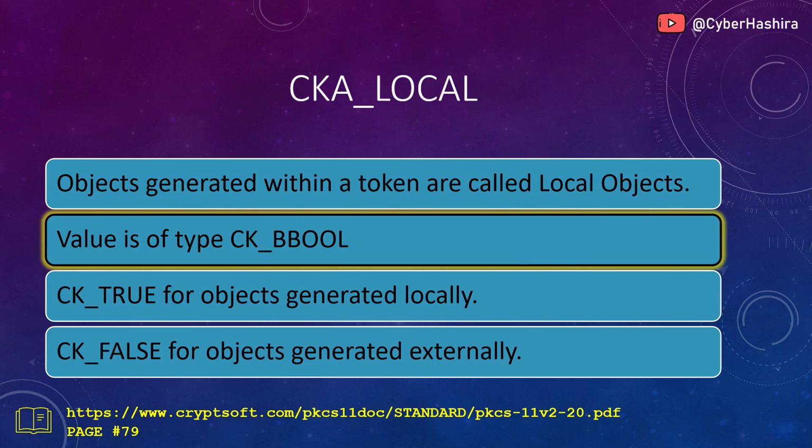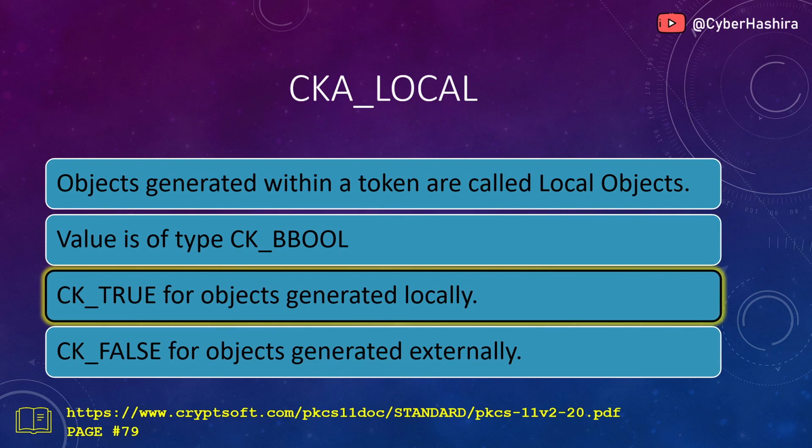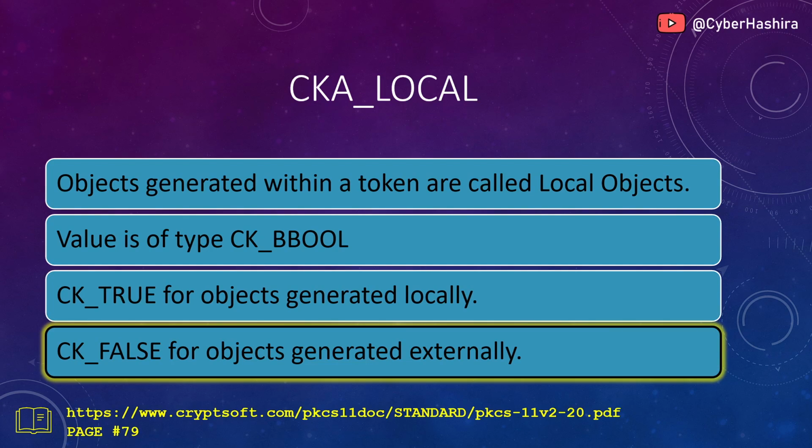CKA local uses a boolean value, or CK_BBOOL. This value is set by a token when an object is generated, derived, copied, or imported into a token. The value of CKA local cannot be changed. CK true would mean that an object was generated locally, or inside a token. And CK false would mean that the object was generated outside of a token.